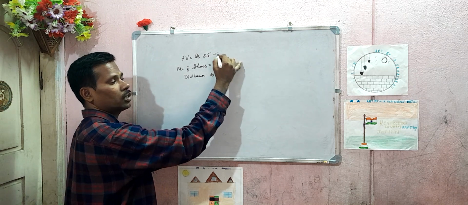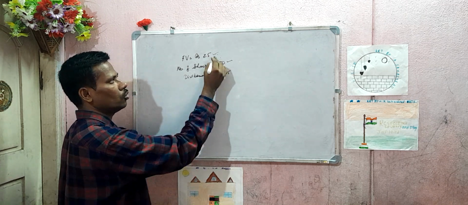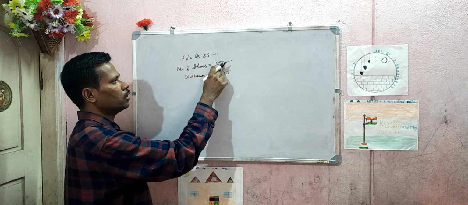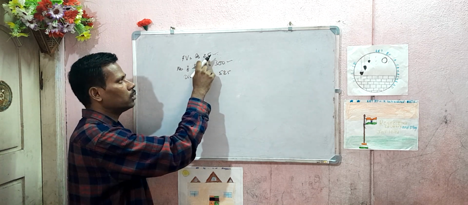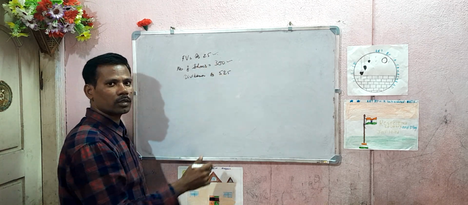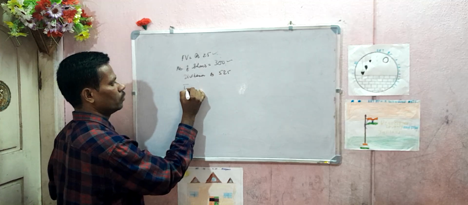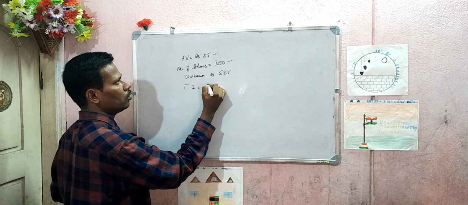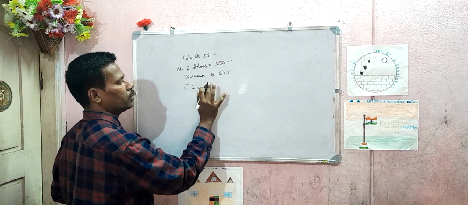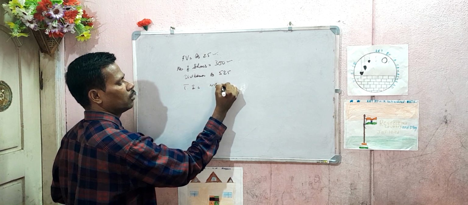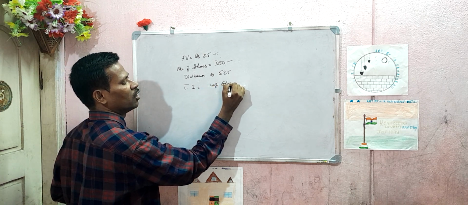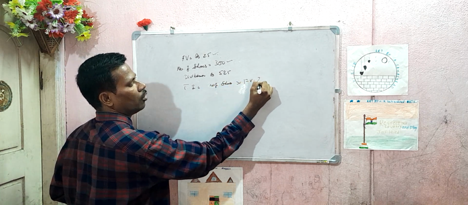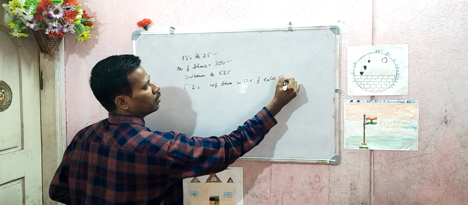Number of shares he purchased is 300. Each face value is 25. Total investment, how much? Total investment is equal to number of shares into face value of each share.